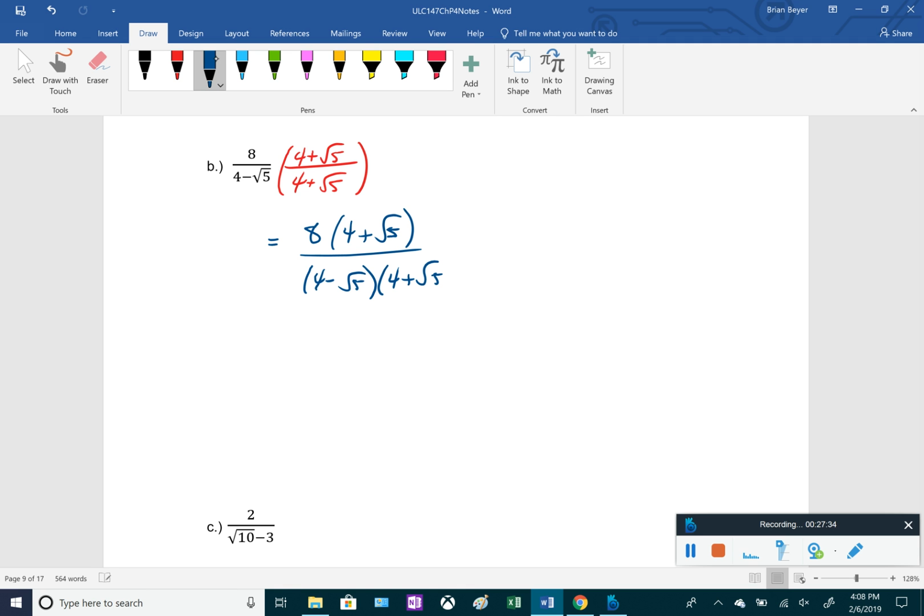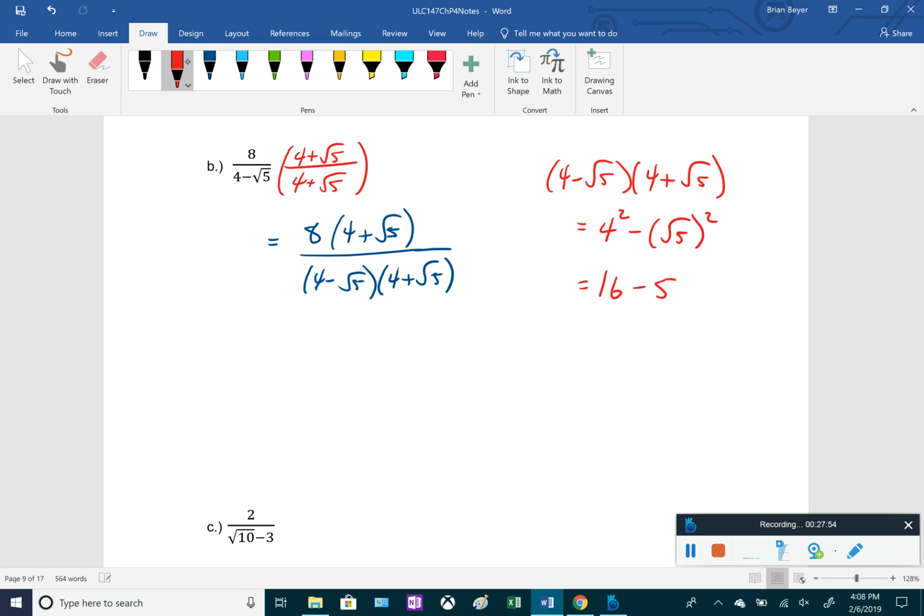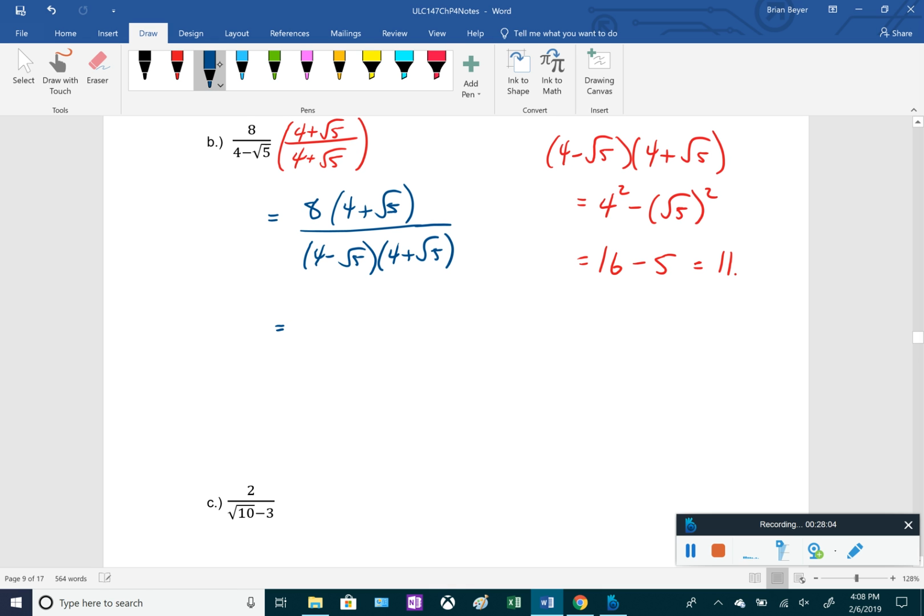I'm going to do that denominator on the side once again. 4 minus radical 5 times 4 plus radical 5. Multiplying conjugates, first one squared minus the second one squared. 4 squared is 16, and radical 5 squared is 5. So 16 minus 5, we get 11. So that whole denominator is just 11. Once again, I'm going to distribute that 8 in the numerator and get 32 plus 8 times radical 5 all over 11.